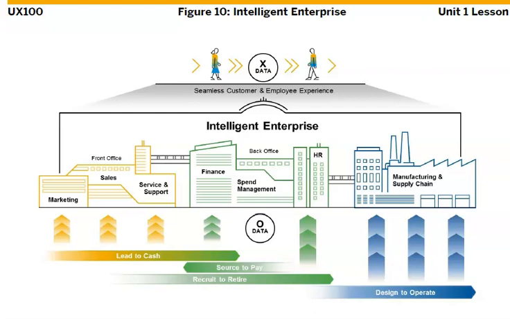These are all pre-built. For example, lead to cash takes care of marketing to finance. Source to pay leads from, for example, HR to the employment. Recruit to retire is also an HR tool. The design to operate is for manufacturing. So all these things are inbuilt in this intelligent enterprise.